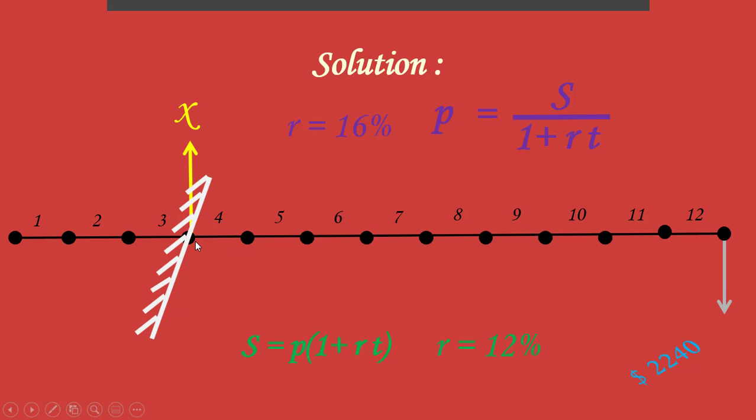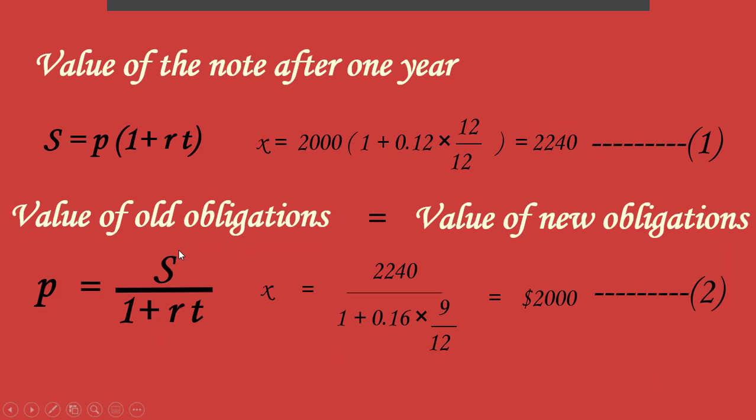It's after 3 months. At the beginning, we will get the value of the note after 1 year by getting the amount for $2,000 using formula S equal B times 1 plus RT. After 1 year, with 12%, S will be equal 2,240. So the maturity value of the note equal 2,240.